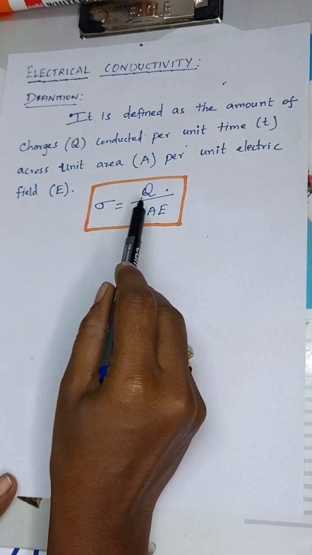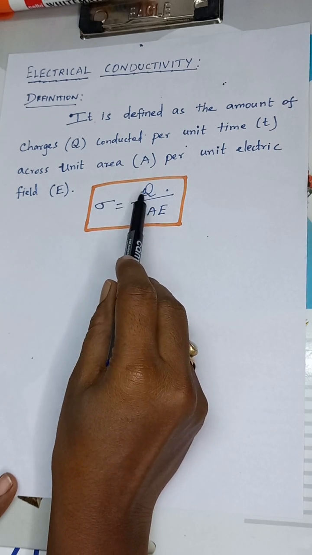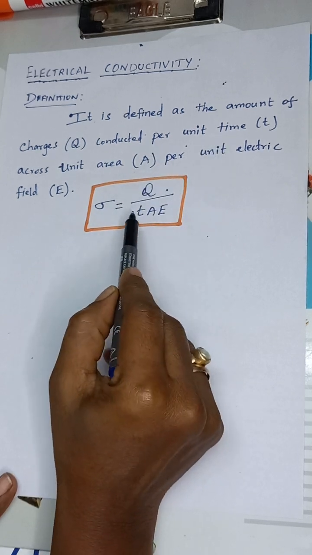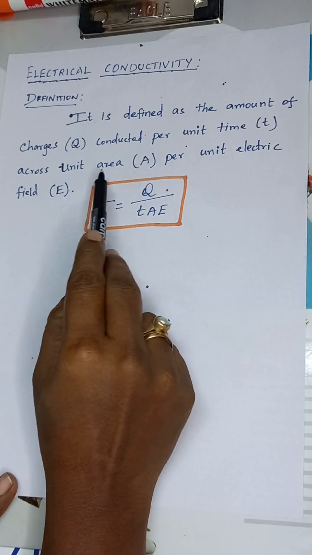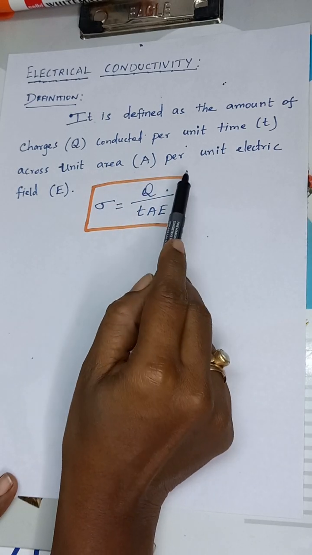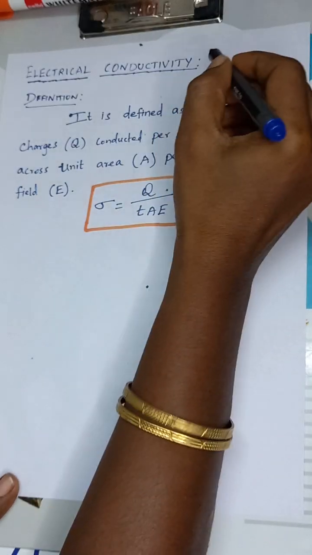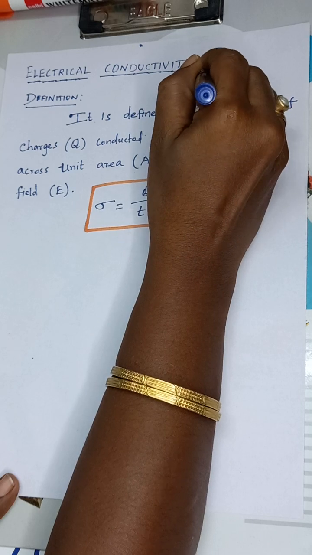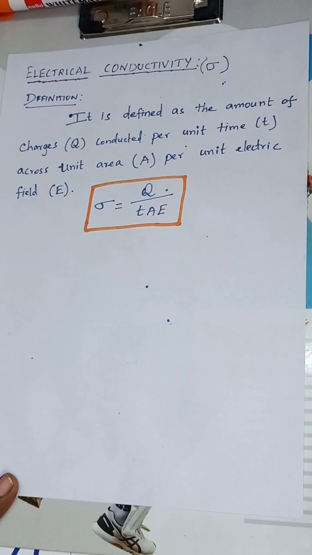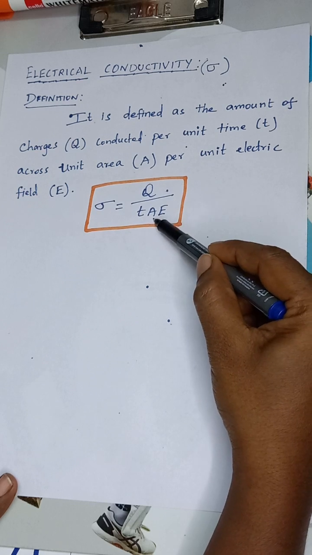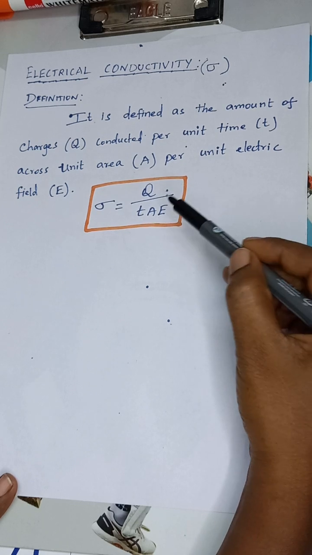So sigma is equal to amount of charges, which can be represented as Q, divided by time T, per unit area of cross section A, per applied electric field, capital E. Sigma is a symbol used to represent electrical conductivity. So sigma is equal to Q by TAE, the amount of electrical charges conducted per unit time across unit area of cross section per unit electric field.